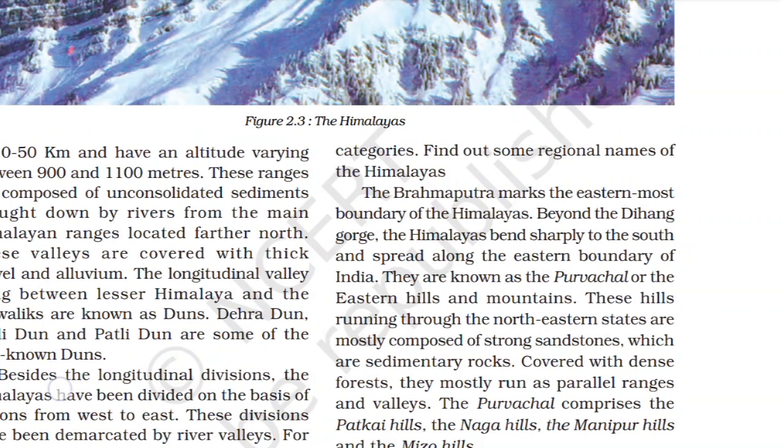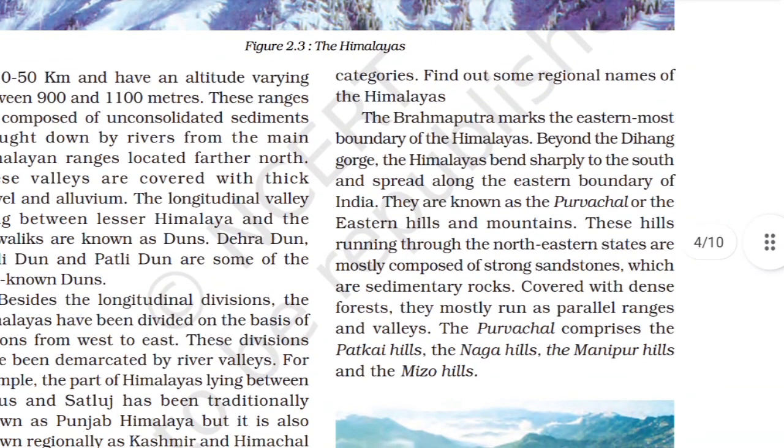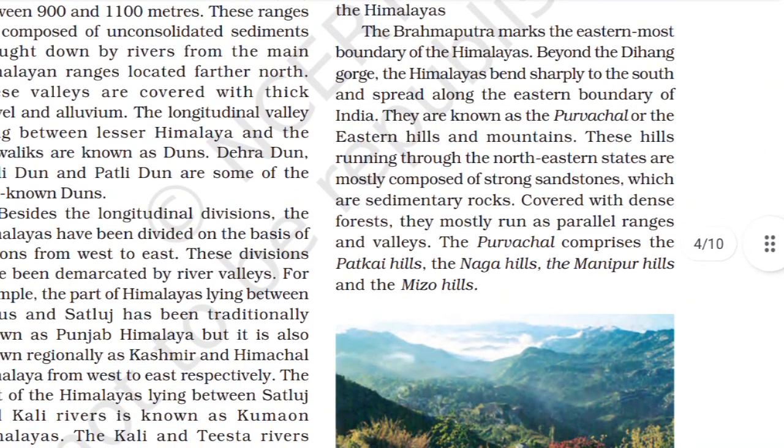These ranges are composed of unconsolidated sediments brought down by rivers from the main Himalayan ranges located farther north. These valleys are covered with thick gravel and alluvium. The longitudinal valley lying between the Lesser Himalaya and Shivaliks is known as Duns. Dehradun, Kotli Dun, Patli Dun are some of the well-known Duns.